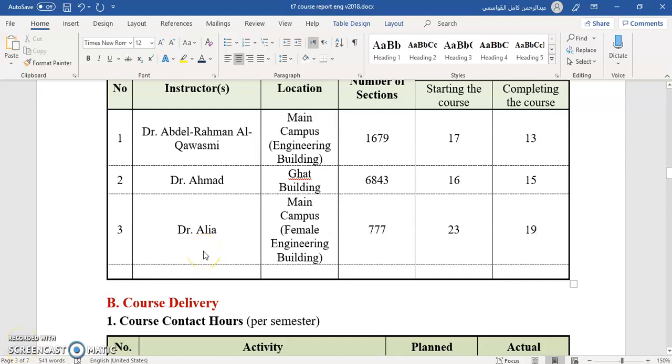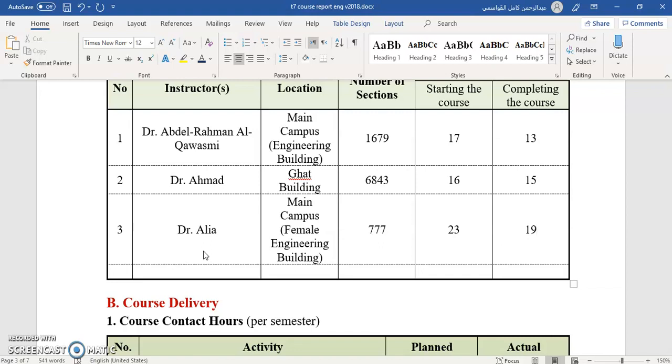If you fill this course report for all sections together, you will have what we call a comprehensive course report. It should be written by the coordinator, and it will be easy for the coordinator to compare results from different sections of the same course.